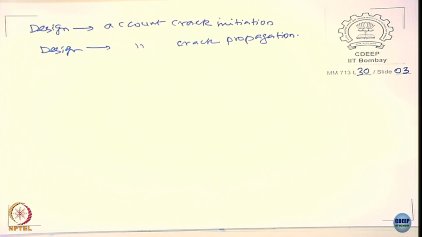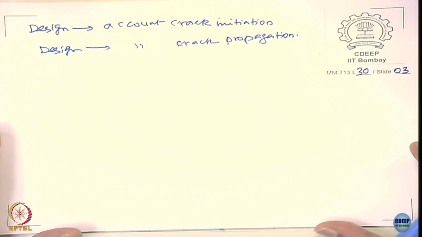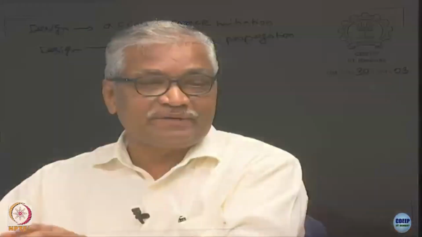Right. So what do I mean by a design that takes into account crack initiation? I simply do not accept even a small crack in the component because the metal is considered to be brittle. When a small crack is there and it is going to fracture, there is a problem, right?